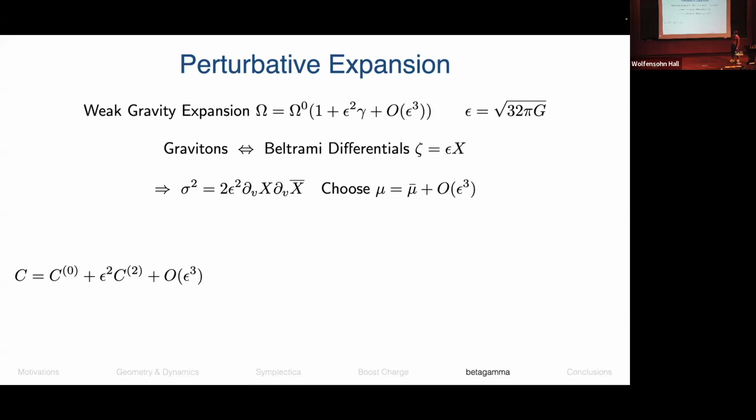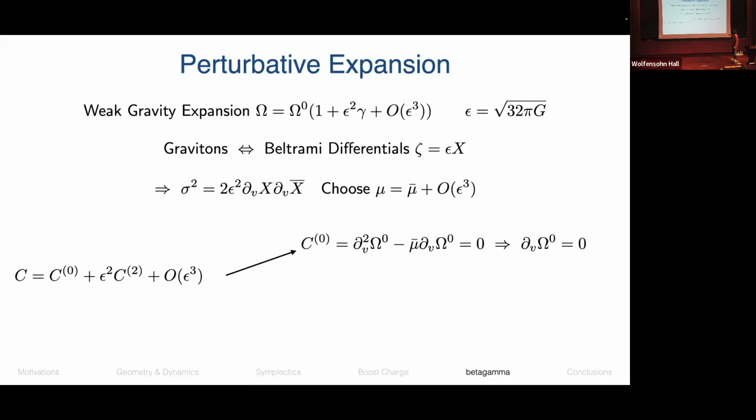So the constraint has this generic form as an order 0 plus an order epsilon squared. And actually the order 0 just contains the spin 0 factor. There's no spin 2 and there's no matter here. And so I'm going to also do a conservative solution here, which is just non-expanding null hypersurfaces.